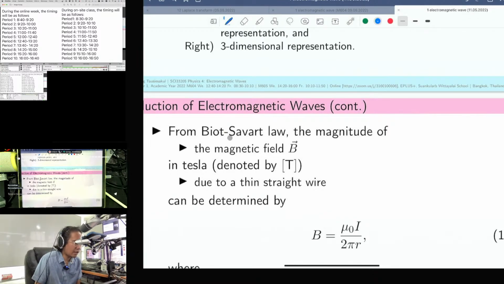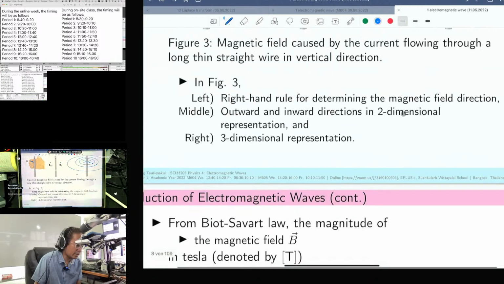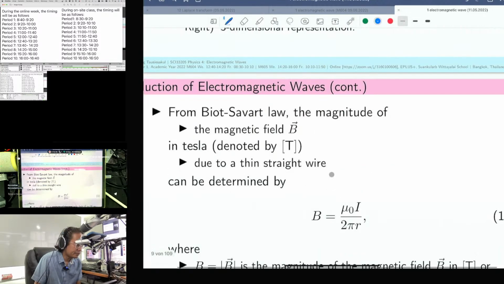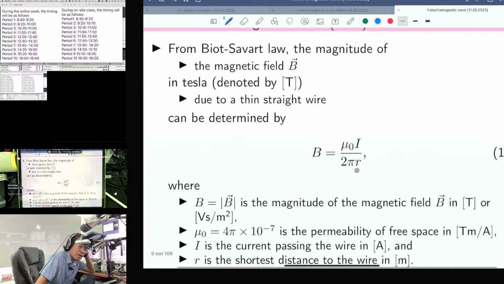Okay, both studied the strength of the magnetic field caused by the current flowing through a long straight copper wire, in Tesla, and for a thin straight wire, we have a closed form expression.